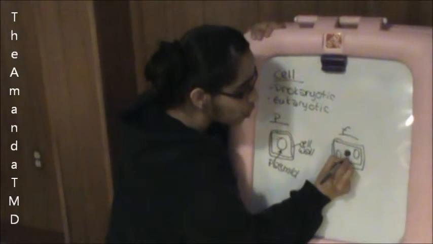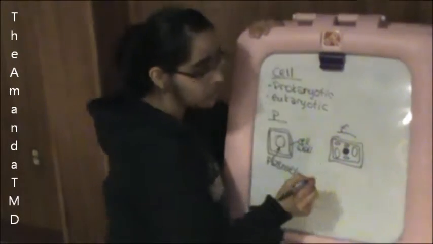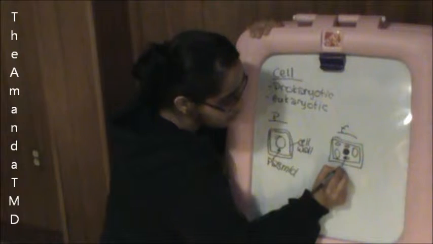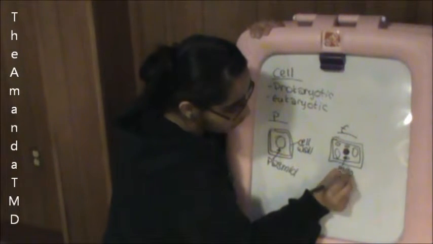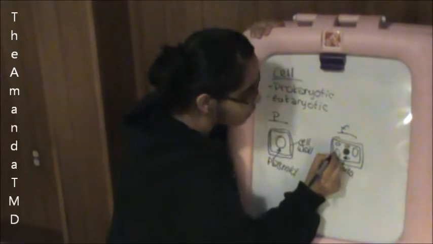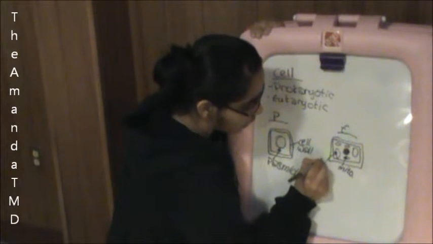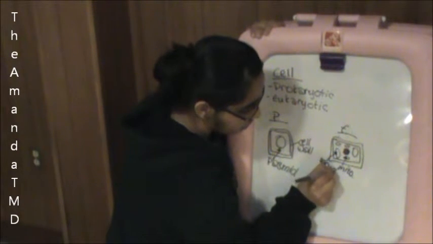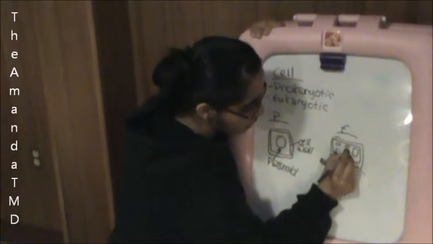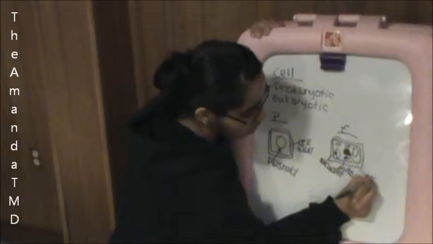Then you have something known as mitochondria, which is where ATP is produced. So I'll just label these. Mito for short for mitochondria, and vacuoles, and my nucleus containing my DNA.